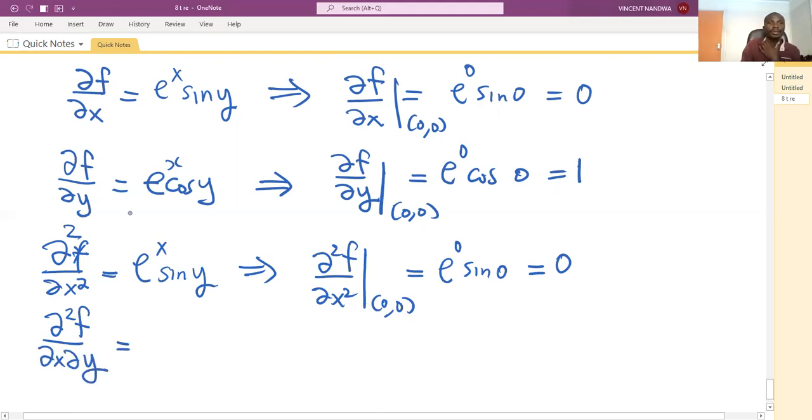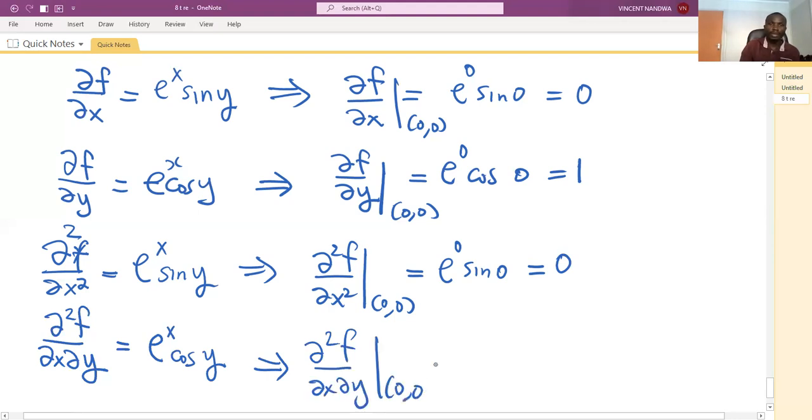It's the same as differentiating this one with respect to y, or differentiating the other one with respect to x. So we'll have e raised to the power x and then cosine of y, which means that partial squared f partial x partial y at (0, 0) is e raised to the power 0 cos of 0, which is 1.